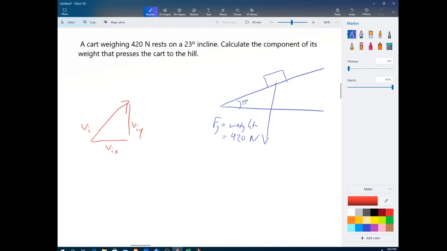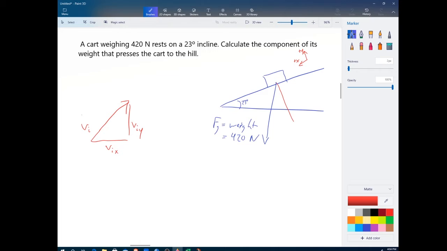We're going to do the same sort of thing here, but here's the trick. You want your forces to match the ramp, not the ground. Your math will be a lot easier with what's coming up if you match it to the ramp, not the ground. So this will be my positive y direction, and I'm making this to the left my positive x. You'll see why on a later problem.